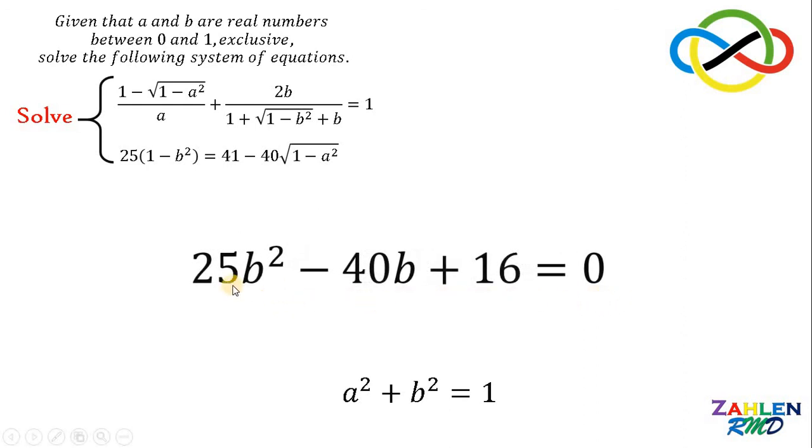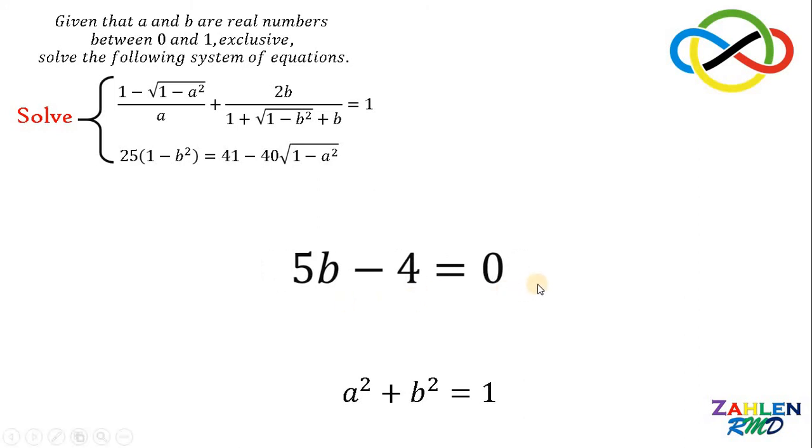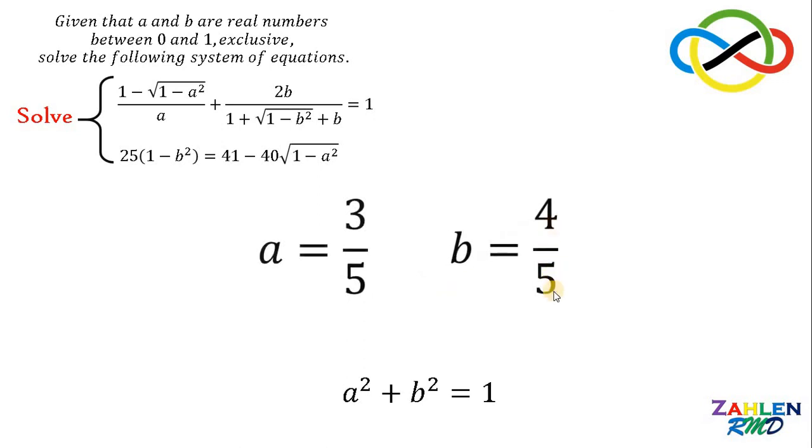Now, surprisingly, 25b² - 40b + 16 can be factored nicely as (5b - 4)², and it is equal to 0. Thus, we can say that 5b - 4 = 0. Add 4 on both sides, so we have 5b = 4. Divide both sides by 5, we get that b = 4/5.